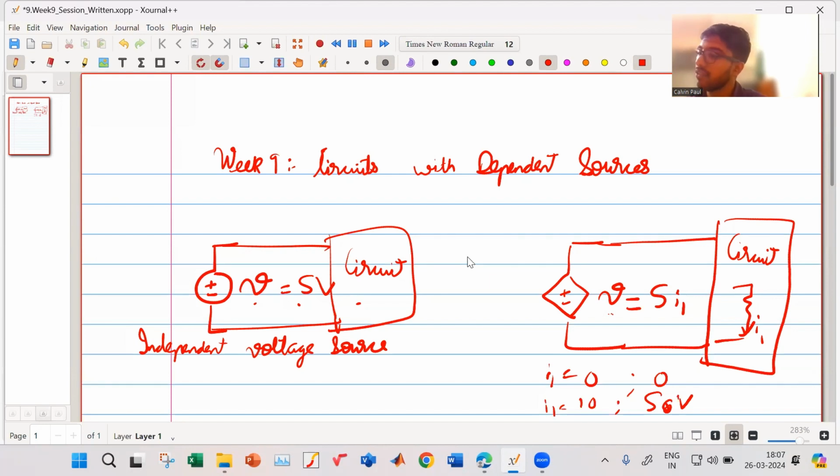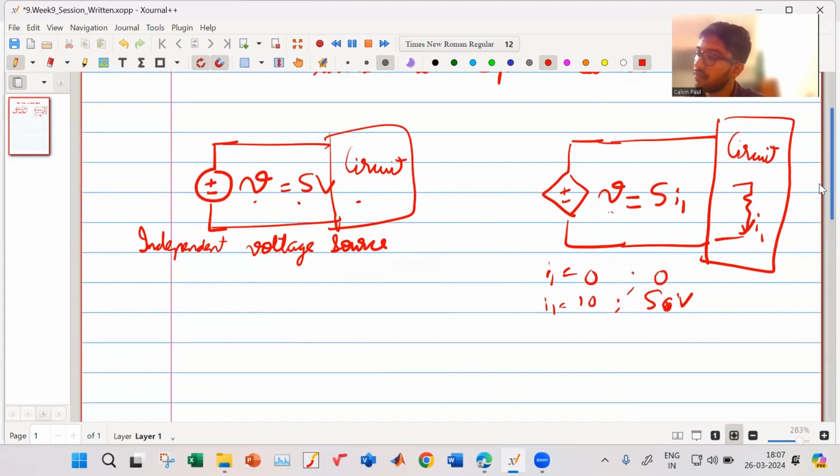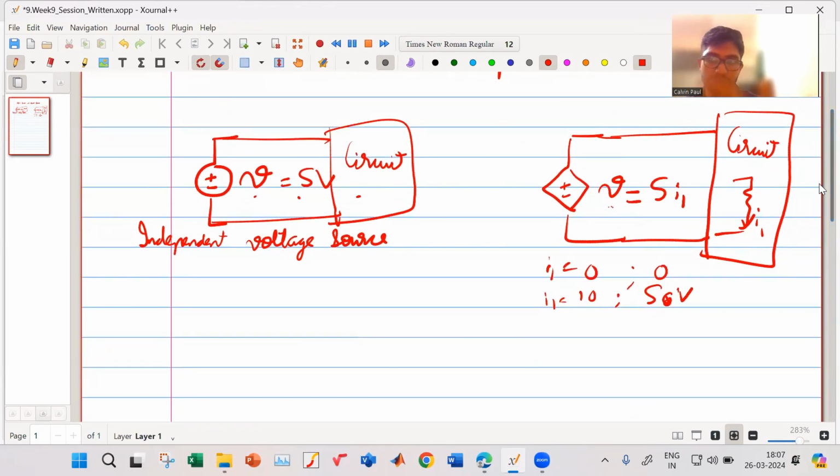So has anyone seen any practical dependent source? Or have we studied till now any dependent sources? Any example of a dependent source? Transistor current.